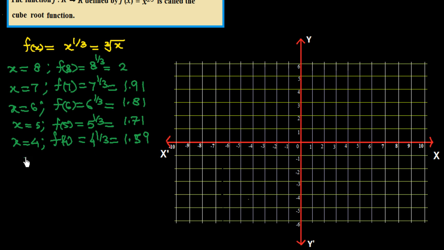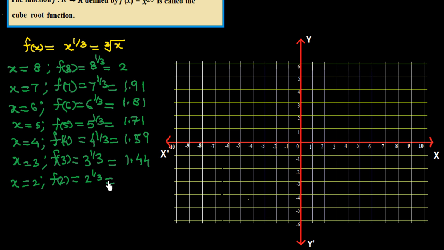Next we take x is equal to 3, so f of 3 is 3 to the power 1/3, which comes around 1.44. Now x is equal to 2, we get f of 2, which is 2 to the power 1/3, which is 1.26.